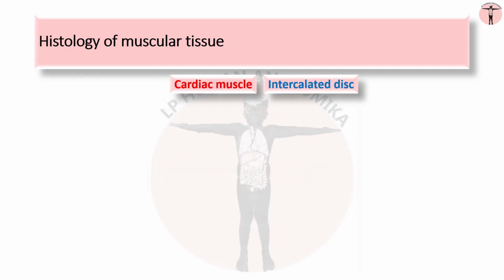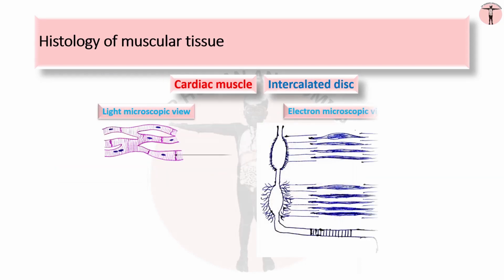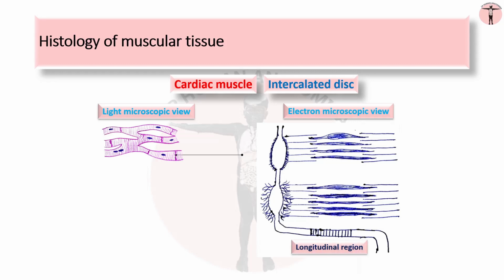The most unique and distinguishing characteristic feature of cardiac muscle is the presence of intercalated discs, which are dark staining transverse lines that cross the chains of cardiac cells at irregular intervals where the adjacent cell membranes meet. These intercalated discs represent the interface between adjacent muscle cells in the form of a step-like pattern with longitudinal and transverse regions and contain many junctional complexes.